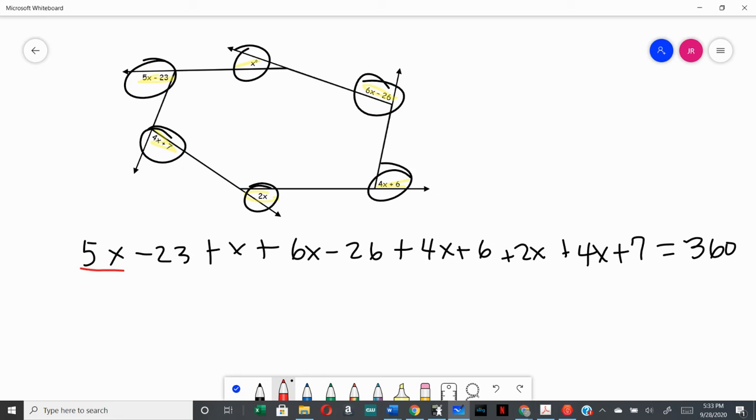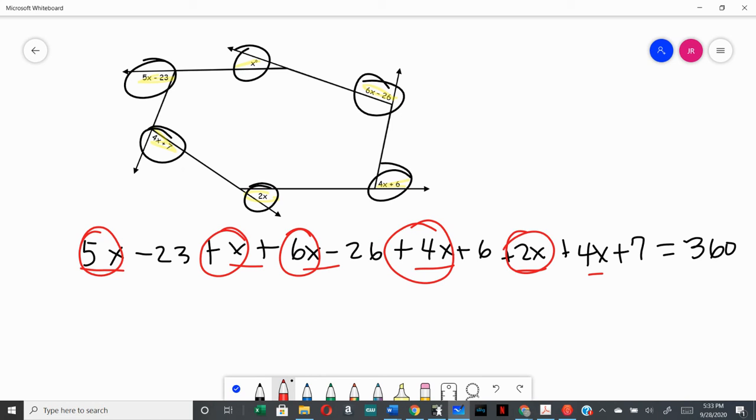You combine all your like terms. I'm going to add all those together. That's 5 plus 1 is 6, plus 6 is 12, plus 4 is 16, plus 2 is 18, plus 4 is 22x.